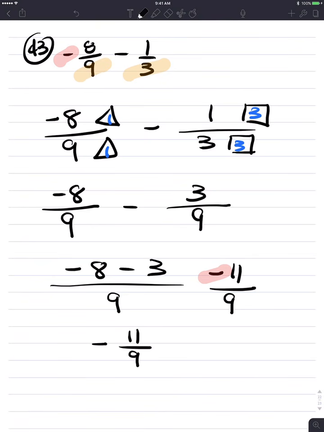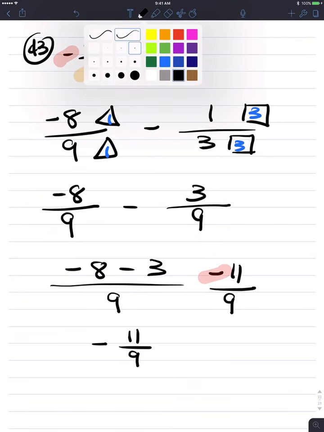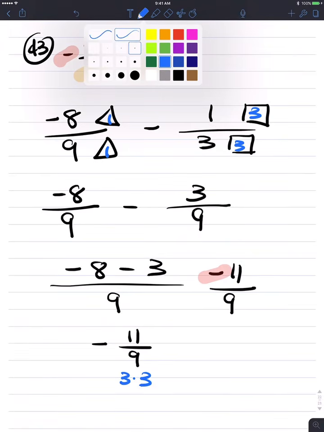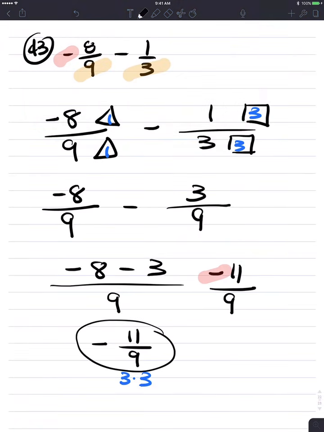We do this so that we can simplify our fraction 11/9. Now 11 can't be broken down, but 9 can be as 3 times 3. Notice that 11 does not cancel with any of my 3's. The fraction is simplified. We are done.